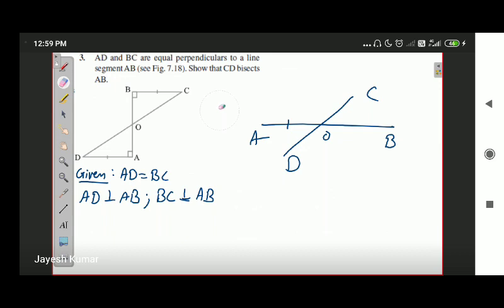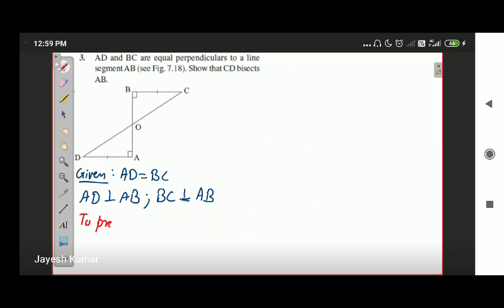Once we prove that length AO and OB are equal to each other, in that manner we can prove that AB is bisected by CD. So to prove: CD bisects length AB. Okay. So let's start with the solution.